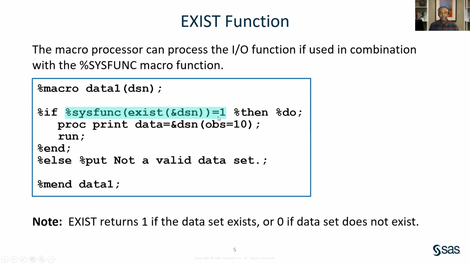If that EXIST function returns a value of 1, that means it was successful in verifying that the data set does exist. And if so, we will print the data set for the first 10 observations. %else, put a note to the log saying no, not a valid data set.